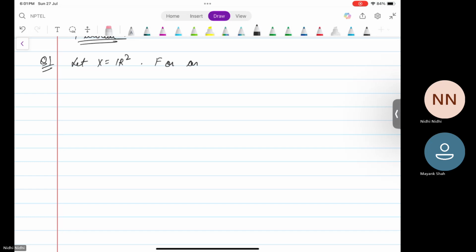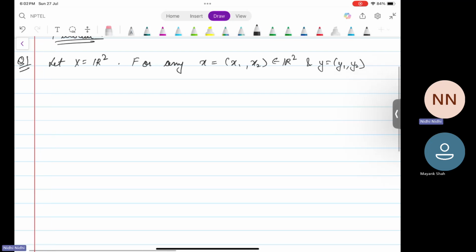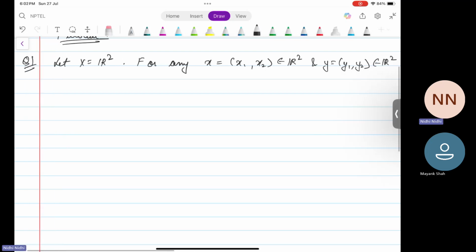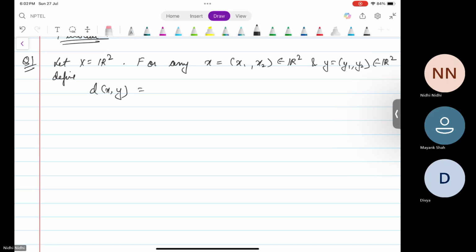For any x, which is a tuple in R2, and y again a tuple in R2, we define d(x, y) equals |x1 minus y1| whenever x2 is equal to y2, and this is equal to |x1| plus |y1| plus |x2 minus y2| whenever x2 is not equal to y2.